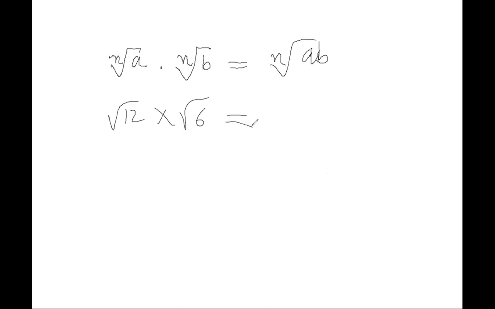So both are square roots. Suppose both are square roots. We need to have the same kind of roots. This is the condition. We need to have the same kind of roots, not the like irrational numbers, but the same kind of roots we need to have.